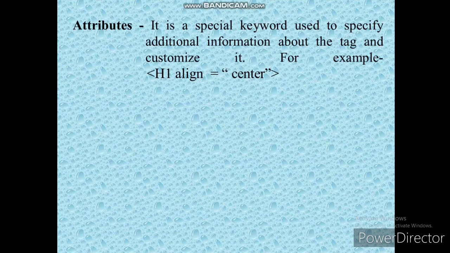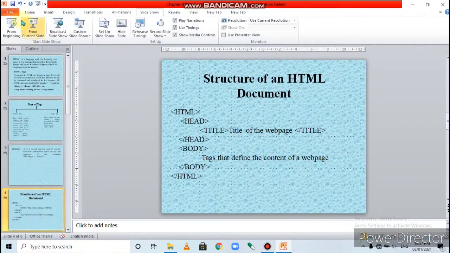For example, h1 align center. Here align is an attribute of the heading 1 tag. This is a heading 1 tag, and align is an attribute of the heading 1 tag, right?